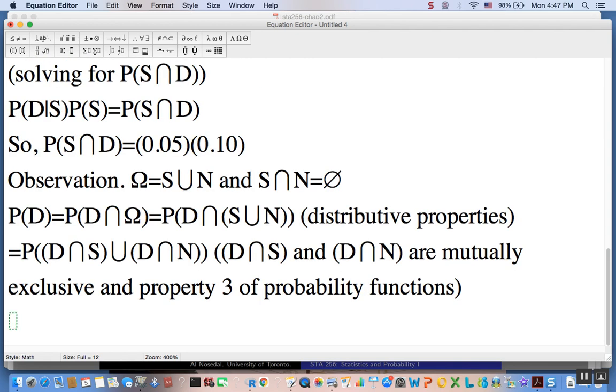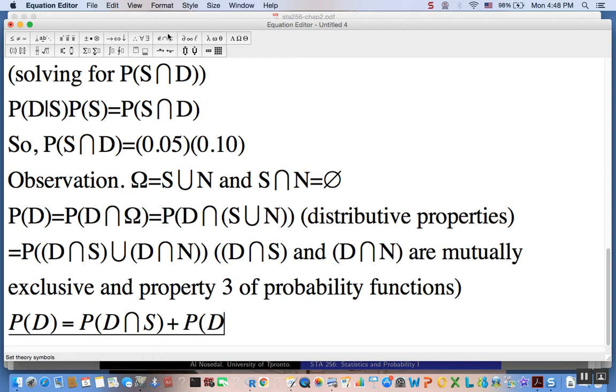So what we have is that the probability of D equals probability of D intersected with S plus probability of D intersect N. Okay, makes sense?